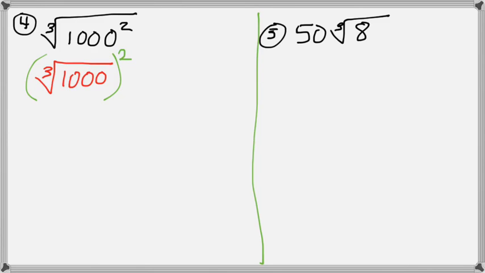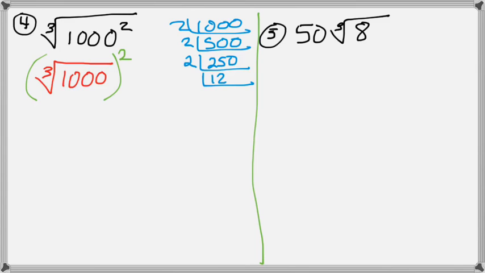What are the prime numbers that 1,000 is made up of? Let me go ahead and simplify and see what those are. So 1,000 is divisible by 2, which gives me 500, which is divisible by 2, which gives me 250, which is divisible by 2, which gives me 125.